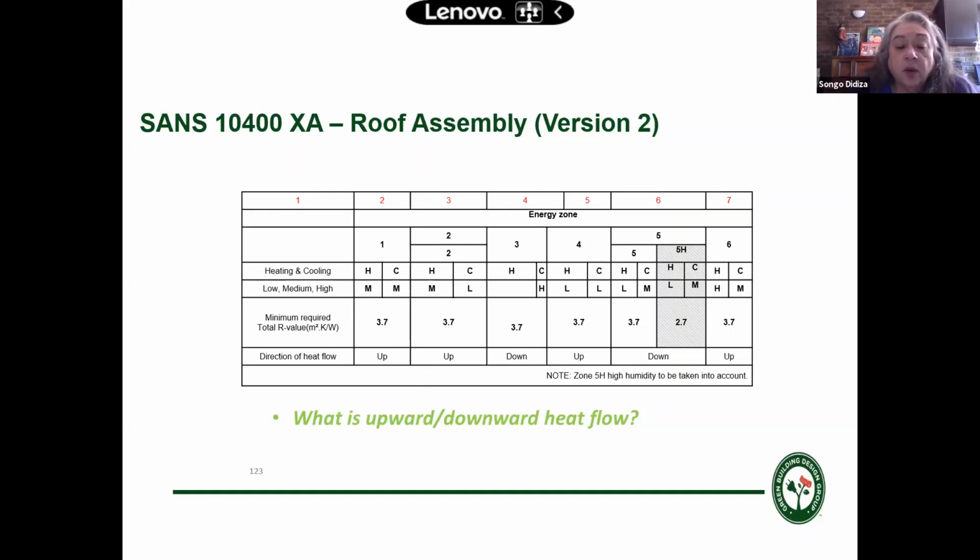So if you look in zone 1, which is the bigger interior zone of the country, take a place like Bloemfontein, Mangaung, you have really hot summers and really cold winters.